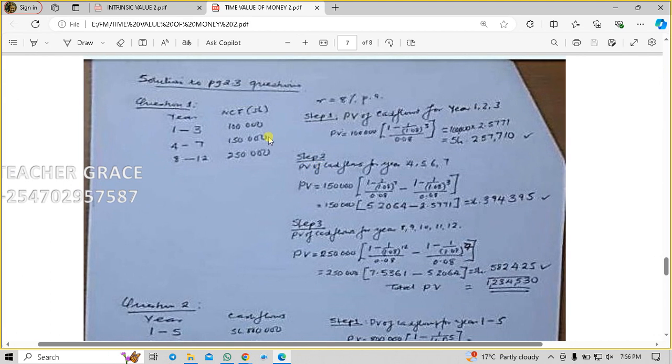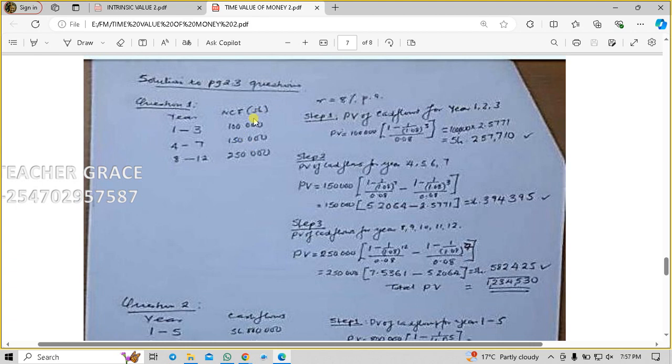So the concept is still the same, but now here we have year 1 to year 3, year 4 to year 7, year 8 to 12. Then we have the net cash flows. This one is 100,000, 150,000 and 250,000. So you're given such kind of a question and you've been told to calculate the total present value.